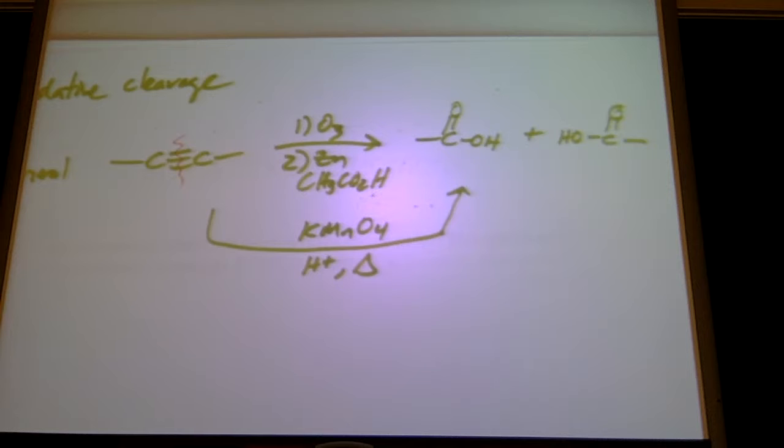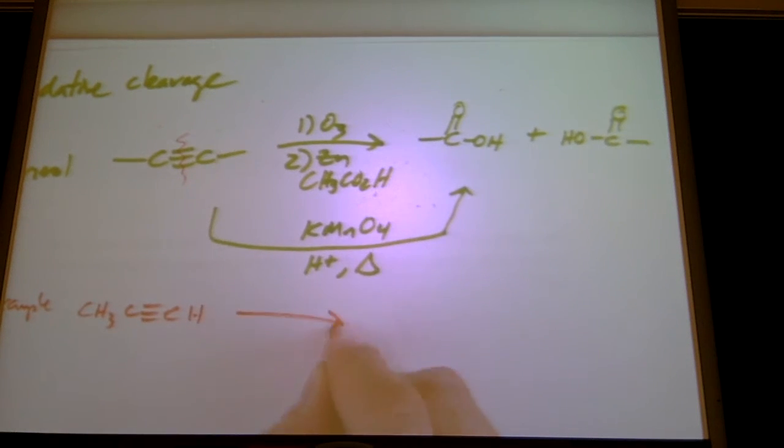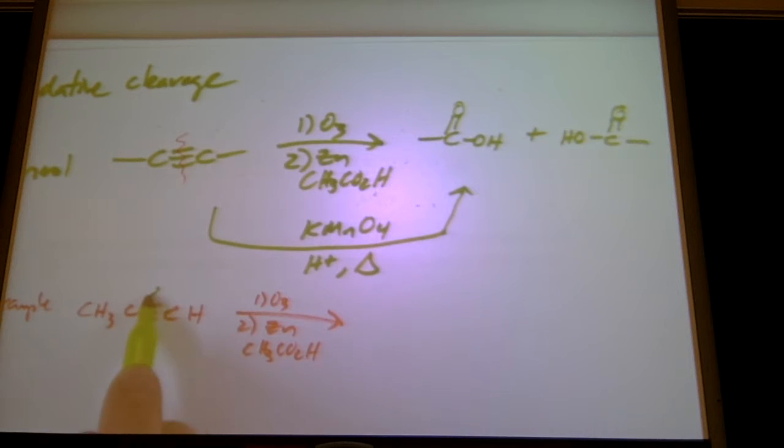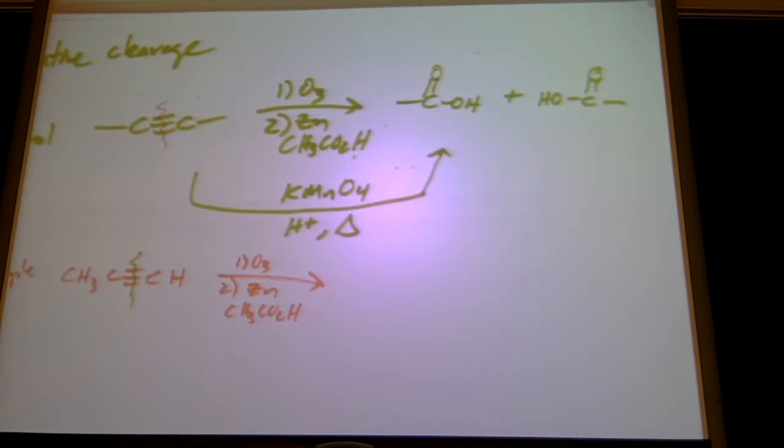And when you have a terminal alkyne, if you have the hydrogen on the end there, you end up with carbon dioxide, just like if you had two hydrogens on the end when you had an alkene with hot acidic potassium permanganate.